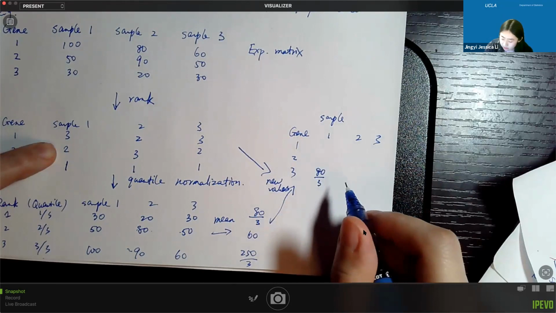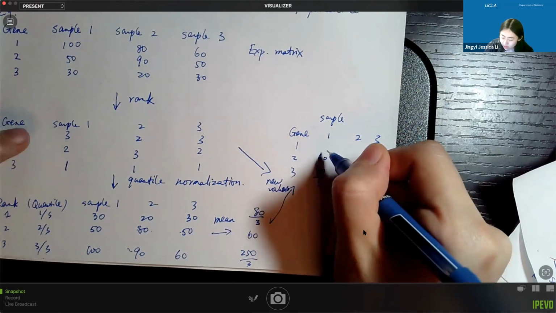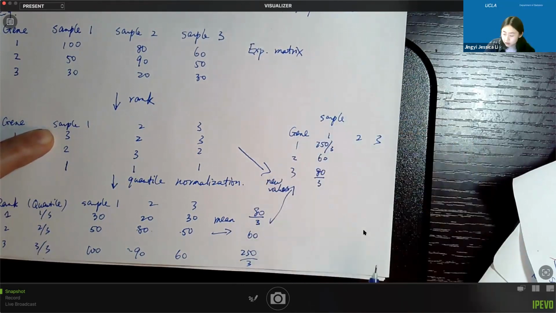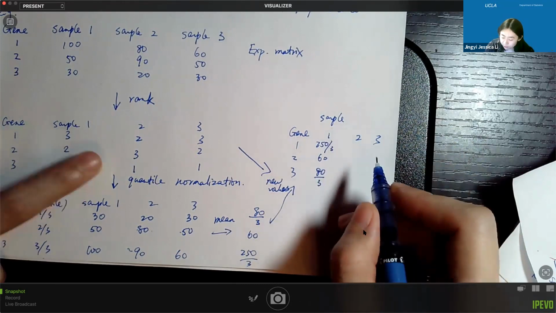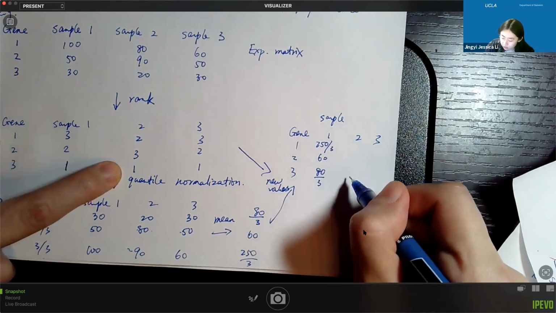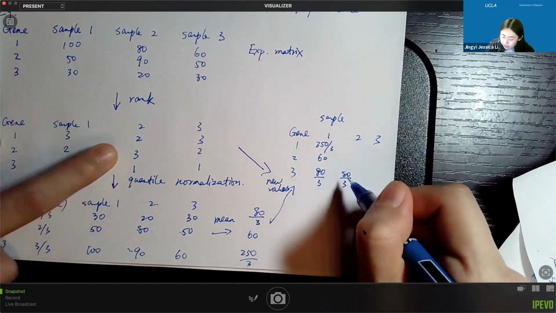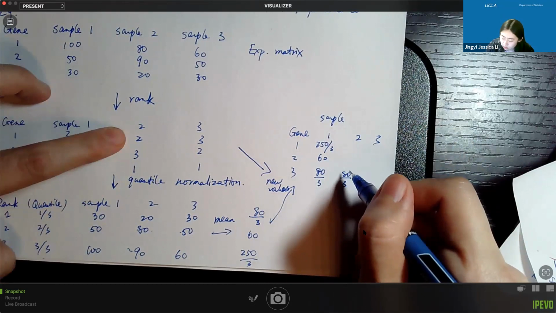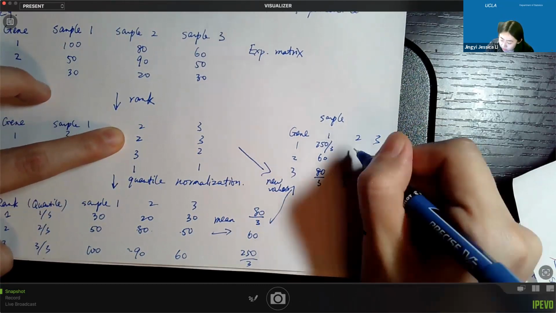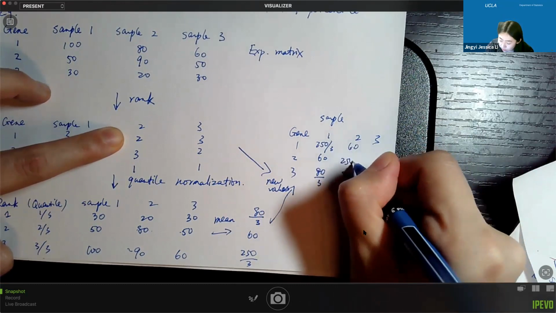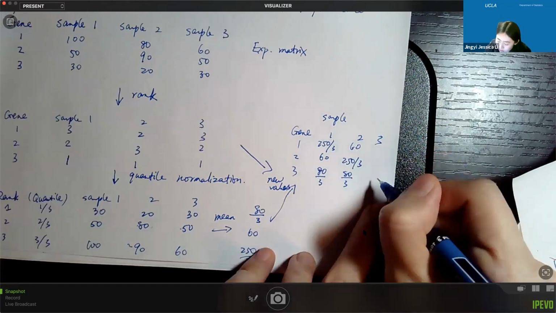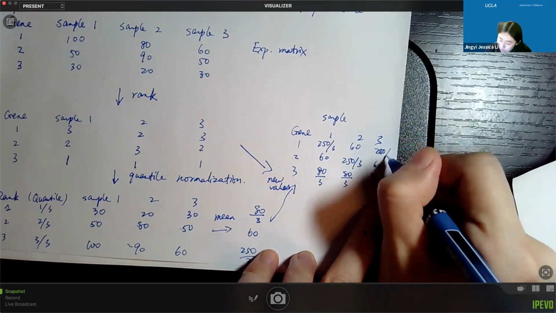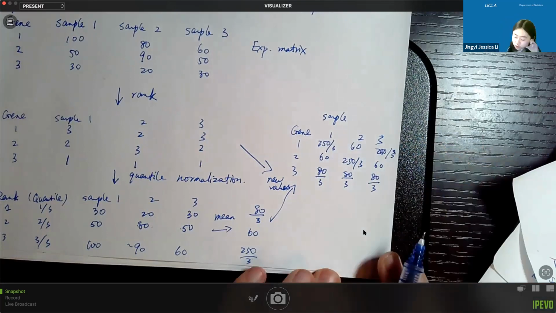Rank 2, it's 60. And rank 3, that's 250 over 3. So I'm done with sample 1. For sample 2, I put them back following the same original rank. So 80 over 3. The second rank is gene 1, so that will give me 60. And it's 250 over 3. The last one, I'll just do it directly: 60, 250 over 3.